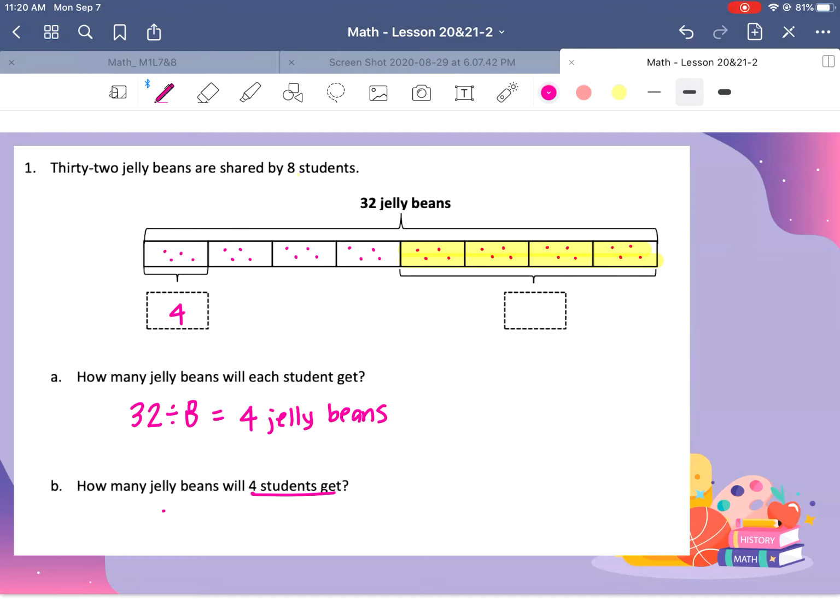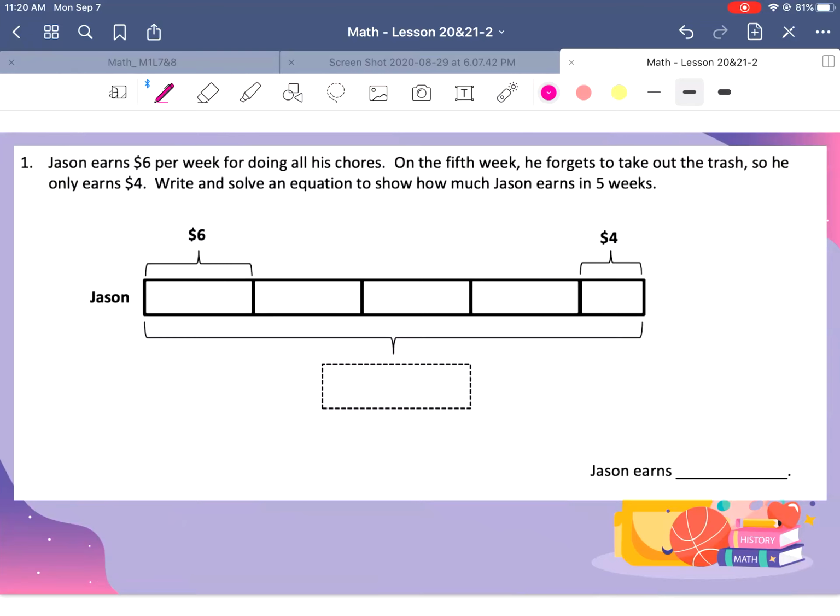Another way is I'm going to use multiplication. So there are 4 students and each one has 4 jelly beans. So in total, they have 16 jelly beans. So inside this blank, I'm going to put number 16. So now let's move on to the next question.